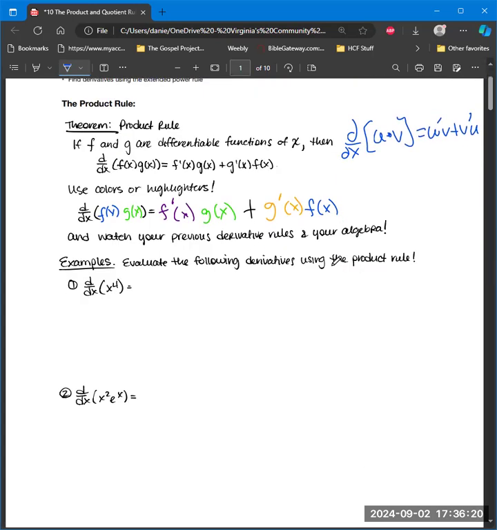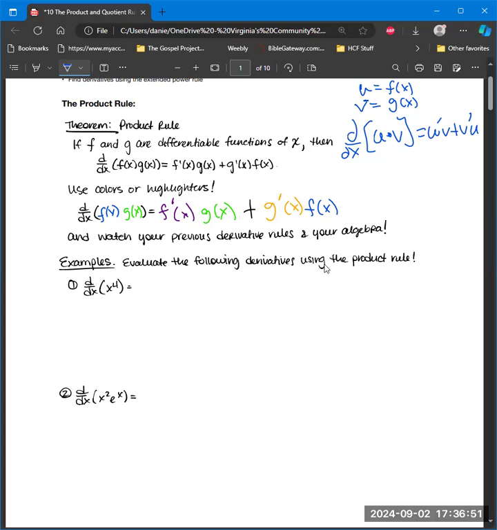Okay, so that's what you're going to see me writing, where u is the first function and v is the second function. And the reason that I do that is sometimes we call the product f of x or g of x, so I don't want to use f or g as my variables inside the product rule. I want to use dummy variables to replace them, u and v.